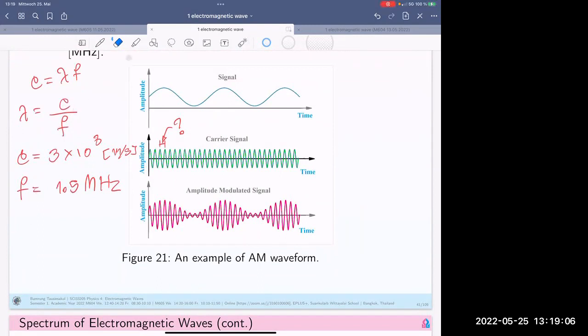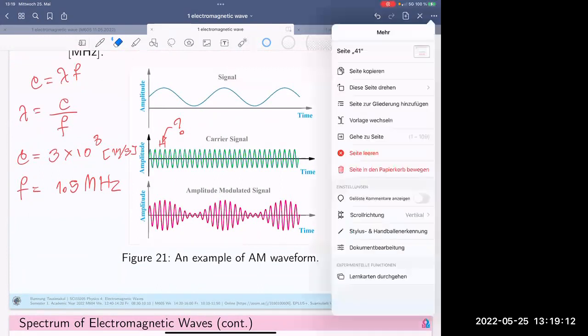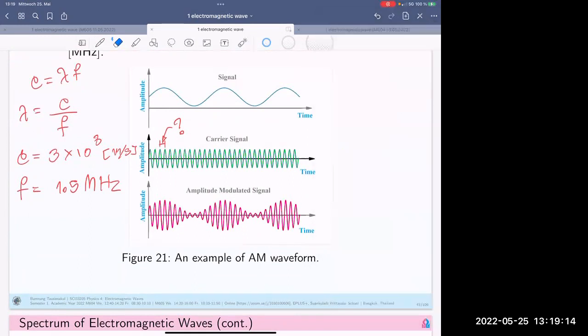But the important thing is that you have to express this in the typical unit, and that's 10 to the 6 hertz.